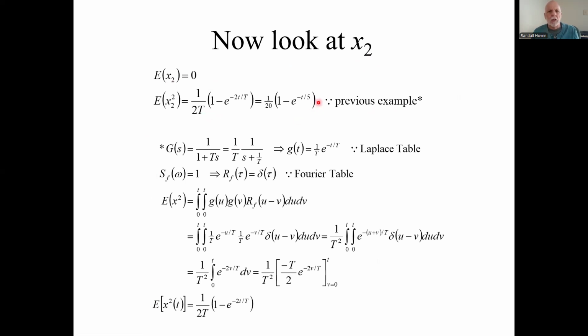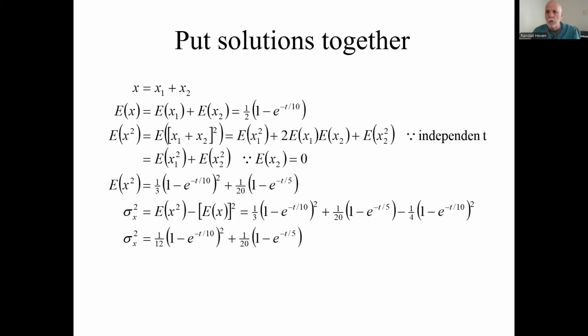We had all that already because we already looked at what happens when you send white noise through a first-order system, which is the situation in this case. So now we have our two outputs. The total output is just their sum. So their mean is the sum of the means, which gives us this. Go back and look what they are.